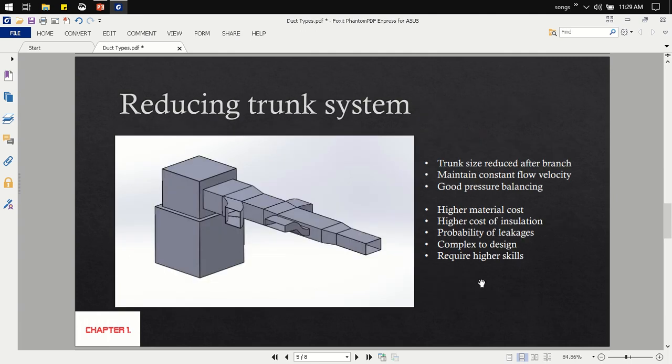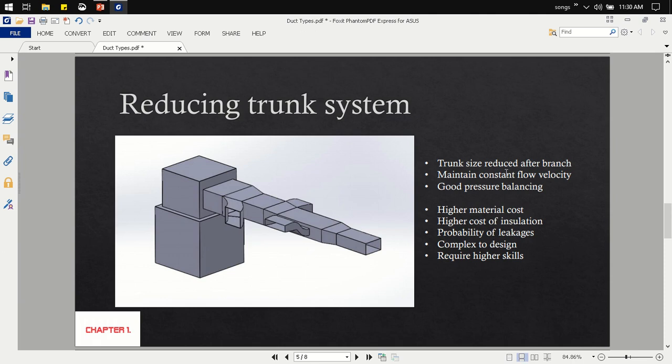Next is the reducing trunk system. As you see in the figure, the cross section is reduced after each branch. The trunk size is reduced, and this helps to maintain a constant flow velocity. According to the continuity equation, flow velocity, flow rate and cross-section area are related.